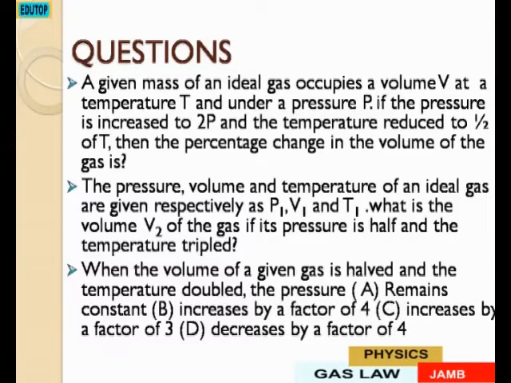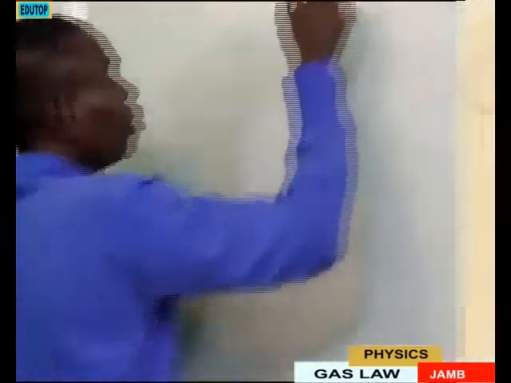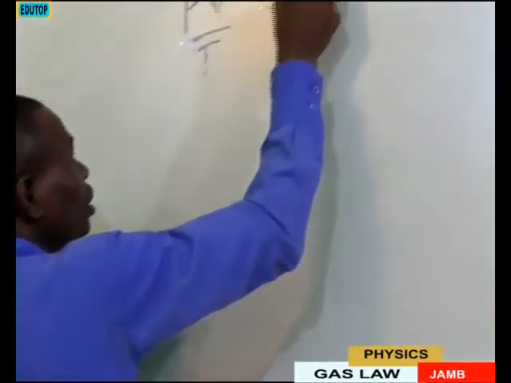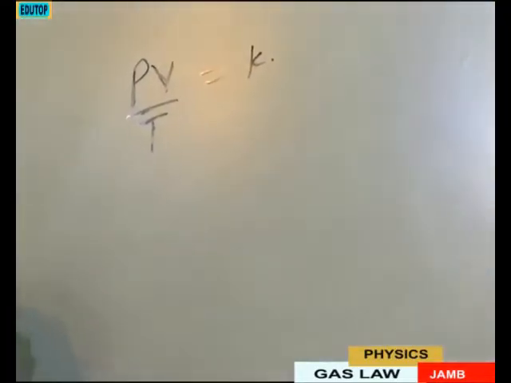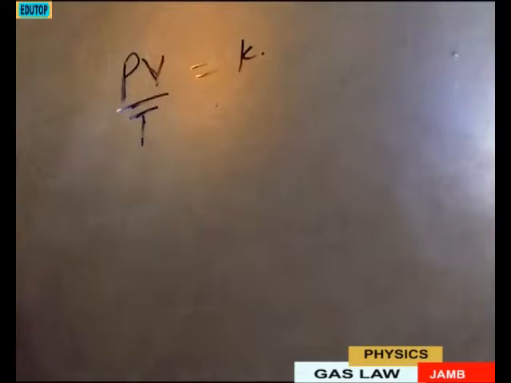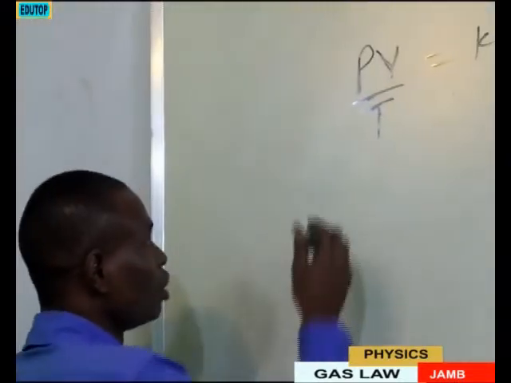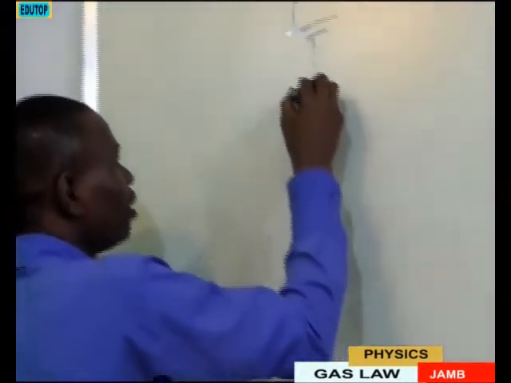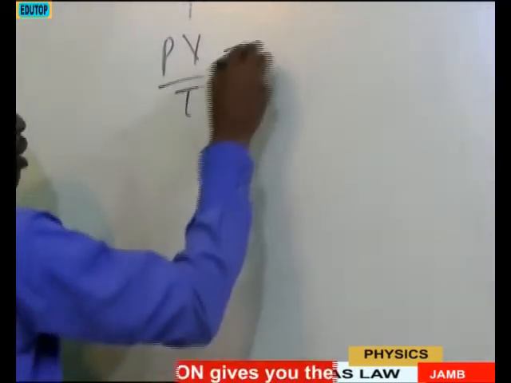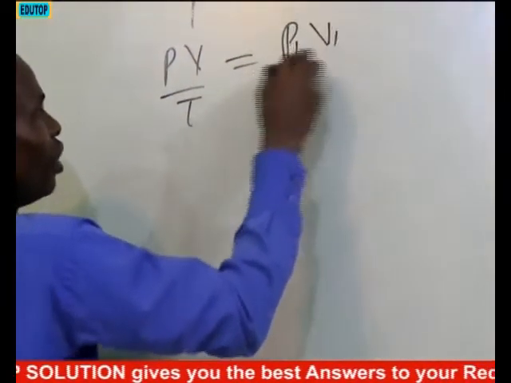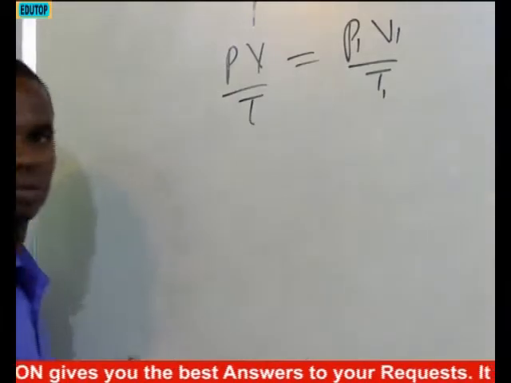From here we are going to have this question is a general gas law, whereby we have PV over T, okay, and that is a constant. But if you are to follow the trend of this question, you are going to have PV over T equals P1 V1 over T1.